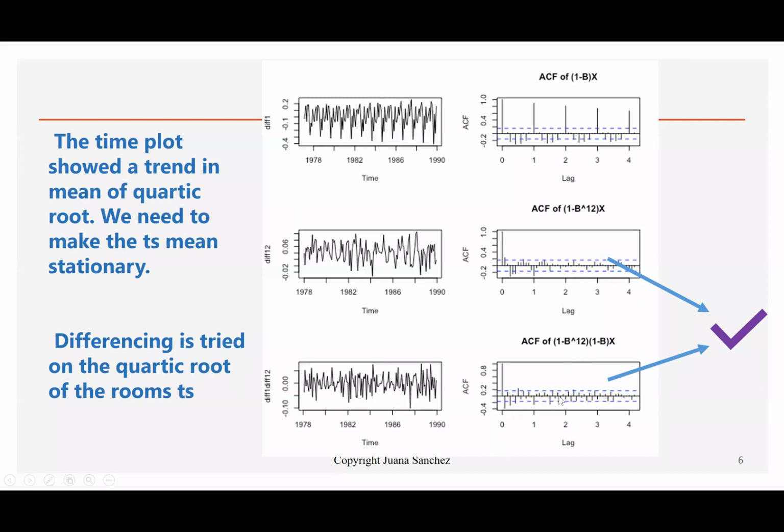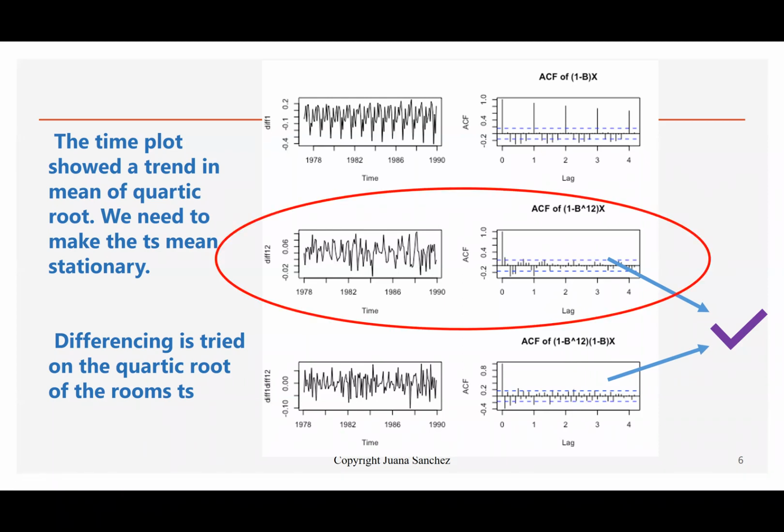The other one seems to have more inertia in the autocorrelations. So I tentatively go with the seasonal differencing. That's my choice. I could be wrong, but I can go back and start again.